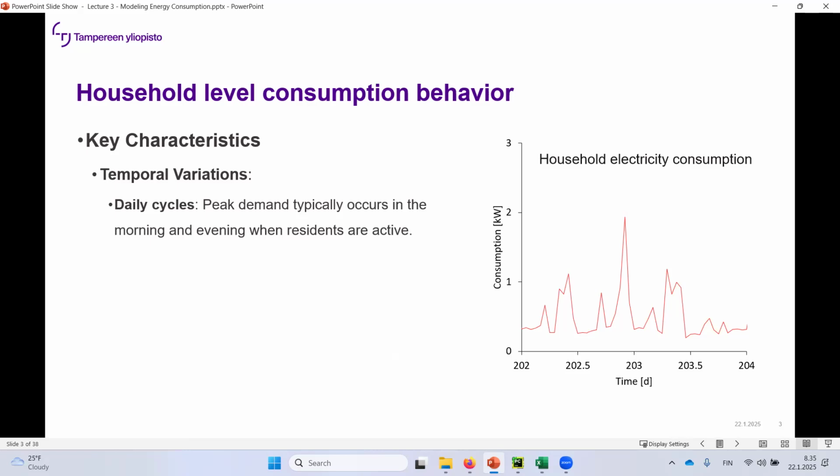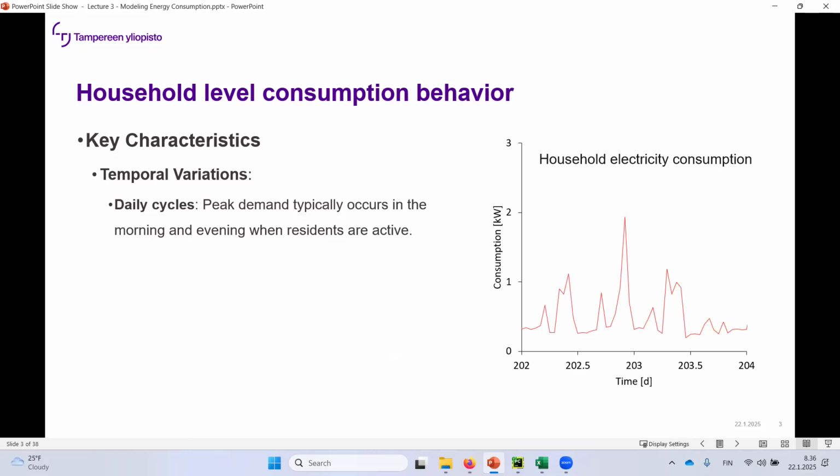You can see that's the time in days. So maybe this would be the morning spike in here, and that would be the evening spike in there. But I'm not sure if that is actually from any kind of household activity. Rather, it could be these heating spikes.